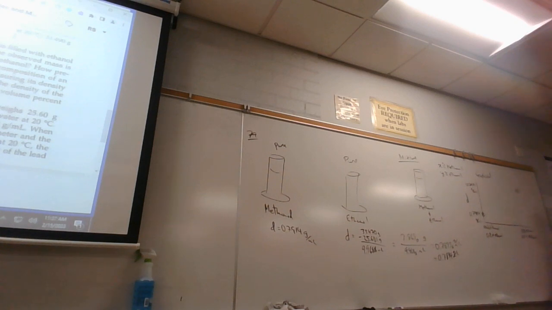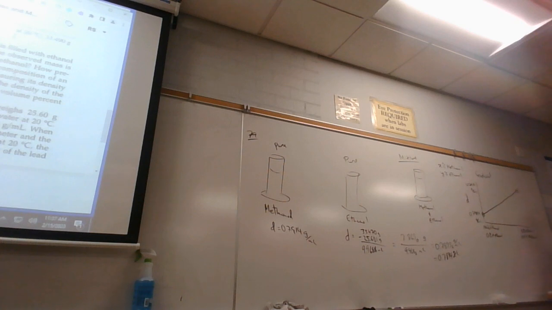So if we see a pattern like this, what we expect is a linear change in density. The more methanol we have, the more dense this mixture is going to be. And so we're going to assume it's going to be a linear trend like this. And that makes sense because it shouldn't be nonlinear. It shouldn't just skyrocket. It should be a gradual change, right?